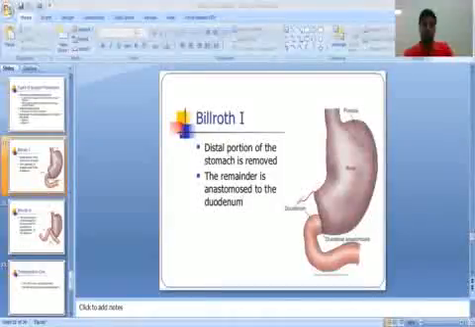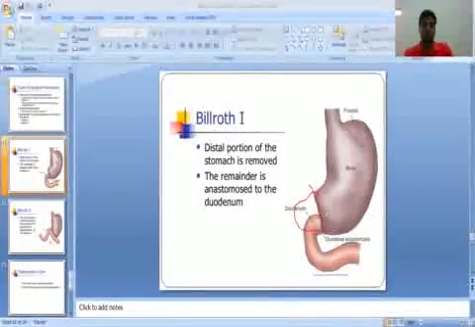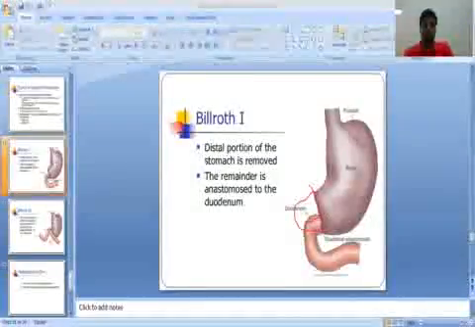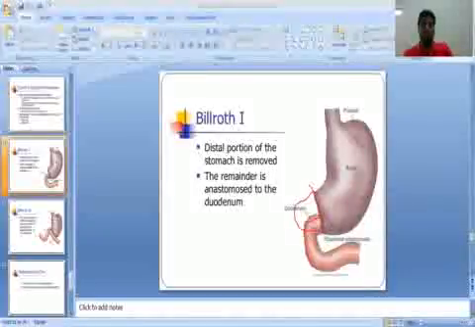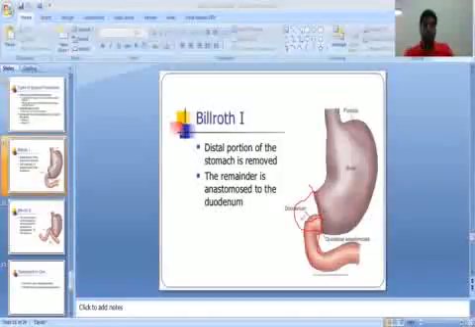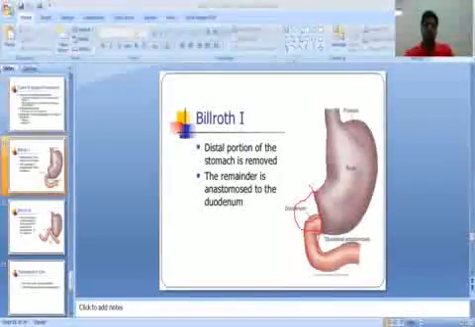It means most of the acid production part has been removed. This is the Billroth first.